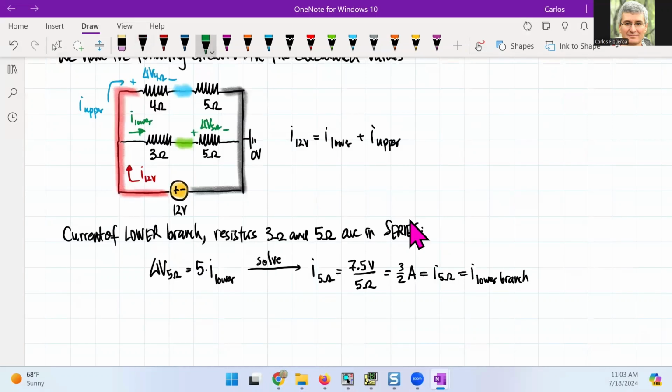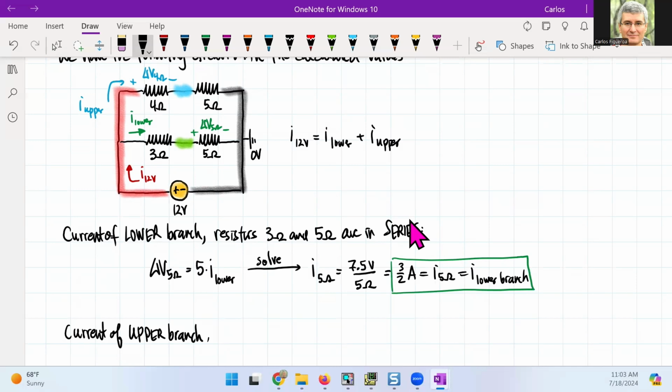Now if I repeat the exact same thing for the upper branch, the current of the upper branch, between the 4, look at that, I put a 5 in here again.